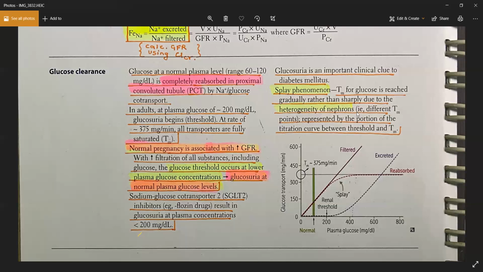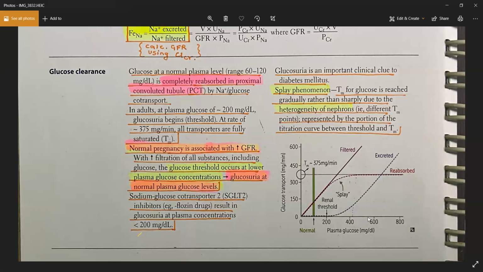So looking at the graph, whenever you have a higher concentration of the glucose, you will have more filtration of the glucose. But at the same time, all of the glucose is getting reabsorbed back into the plasma, and you will have no presence of the glucose in the urine at all. A point is reached where some of the transporters get saturated with the glucose, and now the glucose starts coming in the urine as the reabsorption keeps on decreasing.